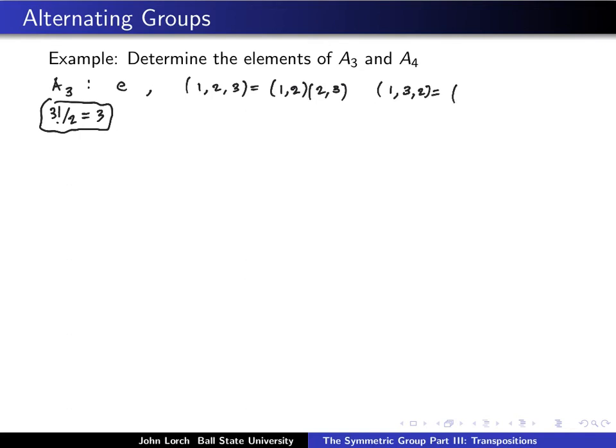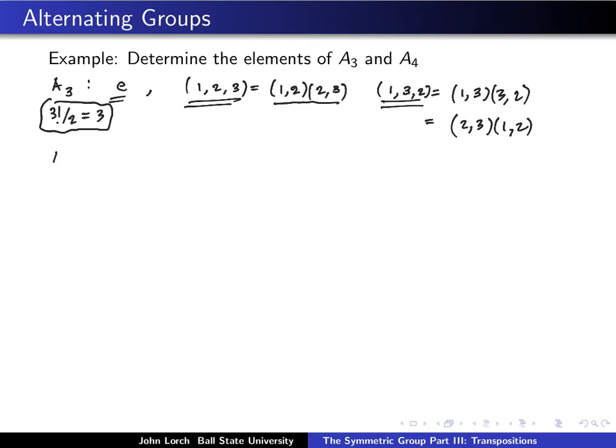And that can be written as (1 3)(3 2). Or if you wanted to use the method of the previous slide, you just take this original cycle (1 2 3), look at its product of transpositions, and then just reverse that product. So that would be (2 3)(1 2). Either way you choose to write it, it's an even number of transpositions. So the elements of A3 are the identity and the two 3-cycles, each of which is the inverse of the other.